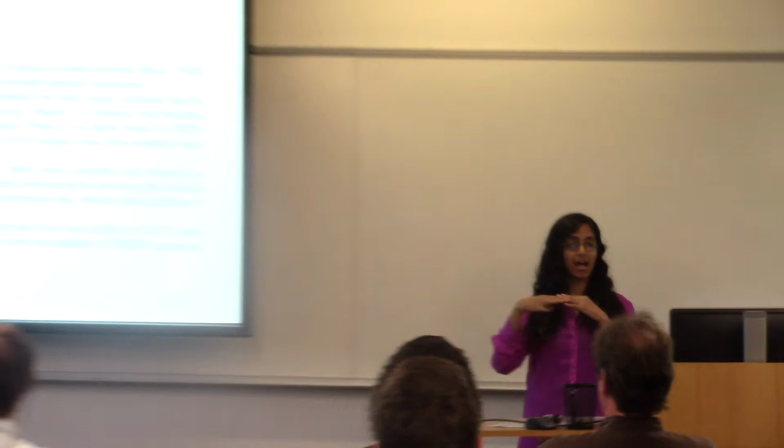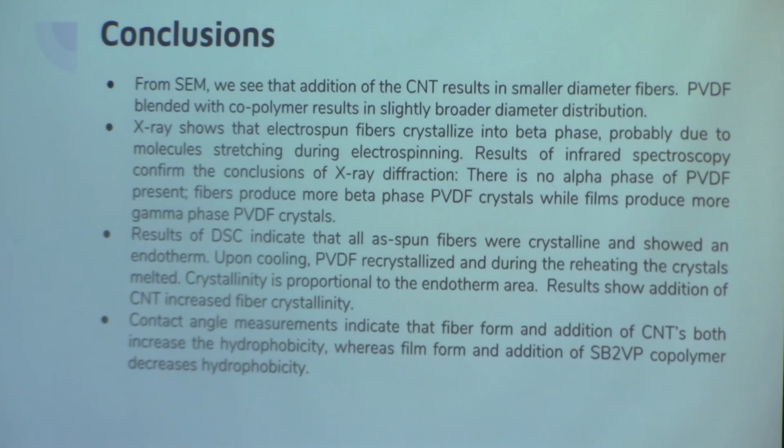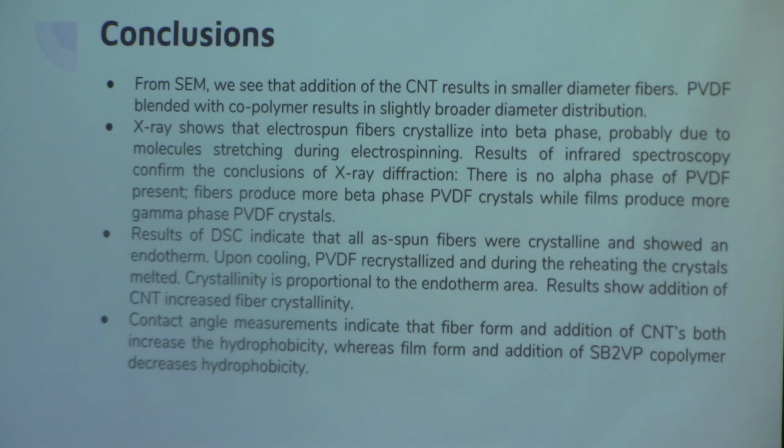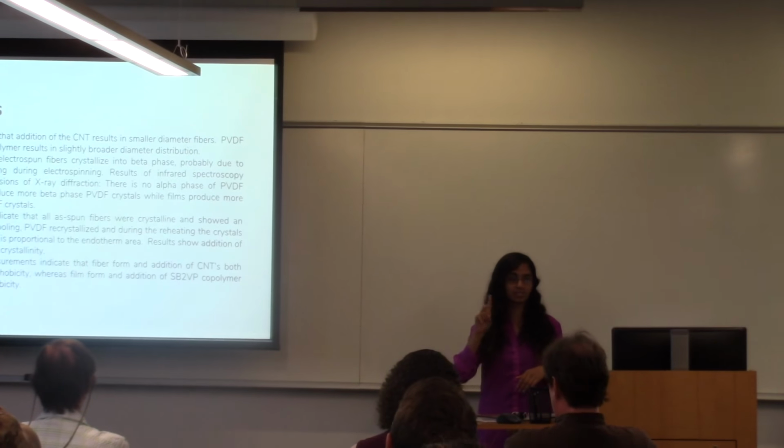So the X-ray shows that the fibers do have crystals in beta phase, probably due to the molecule stretching during electrospinning. The results of infrared spectroscopy confirm the results of our X-ray diffraction. We didn't see any alpha phase in PVDF.